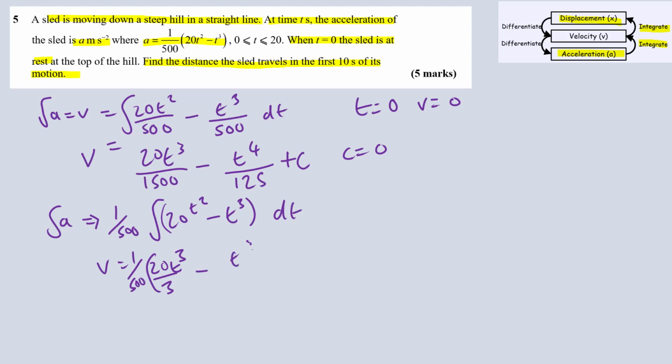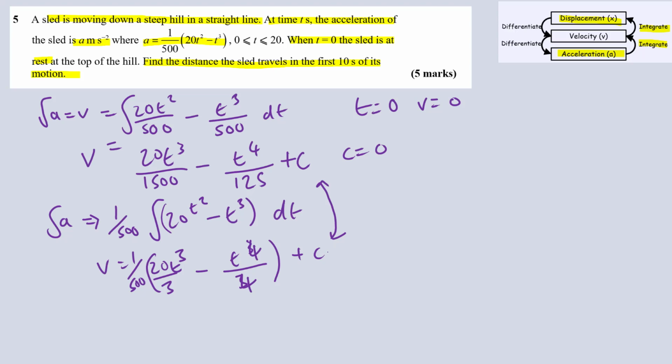Minus t to the power 4 over 3. And as you can see, that's by the new power 4, so be careful there. And you can see this is the same answer as here, plus c. Okay, it's just good to know to make your life easier.